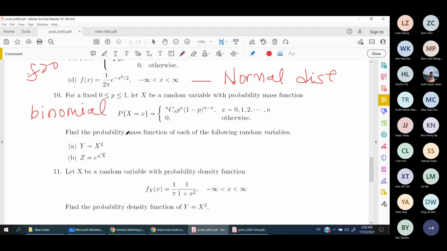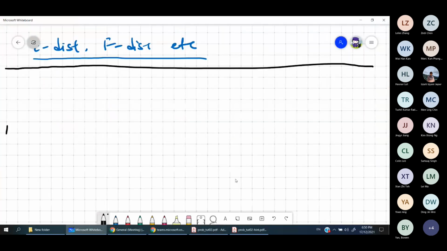Find the probability mass function for each of the following random variables, A and B. I think question 10 should be quite easy because X is a discrete case, so Y is also discrete.